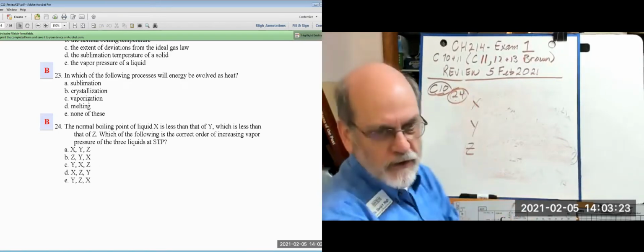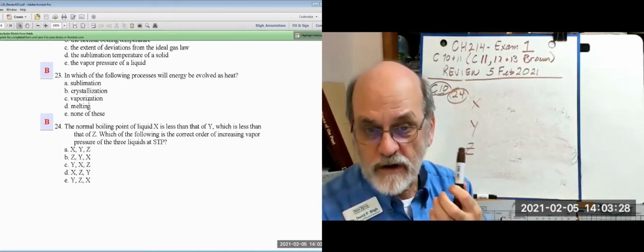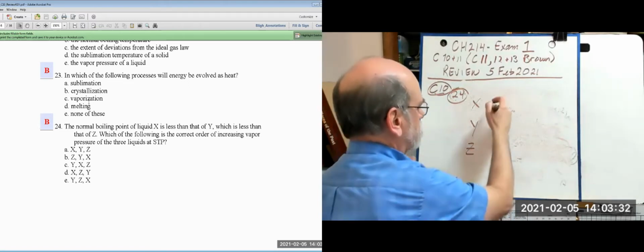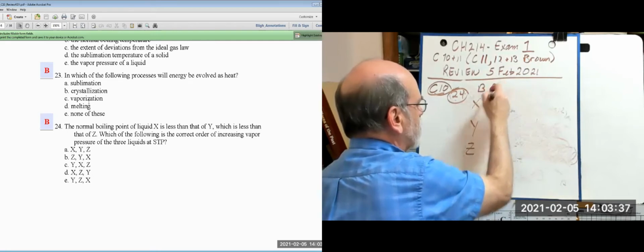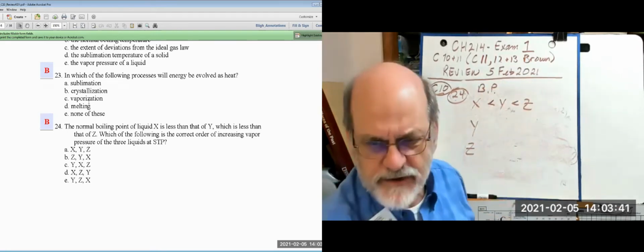X, Y, and Z, how are they related? The normal boiling point of X is less than Y, which is less than Z. I believe that's the trend.